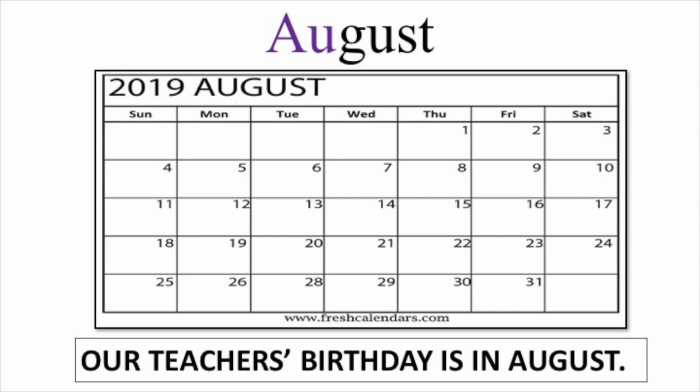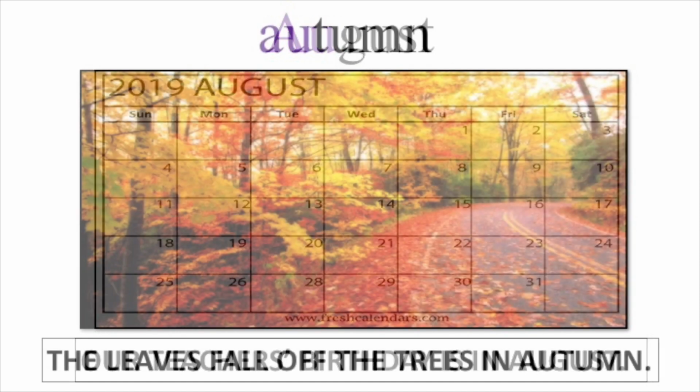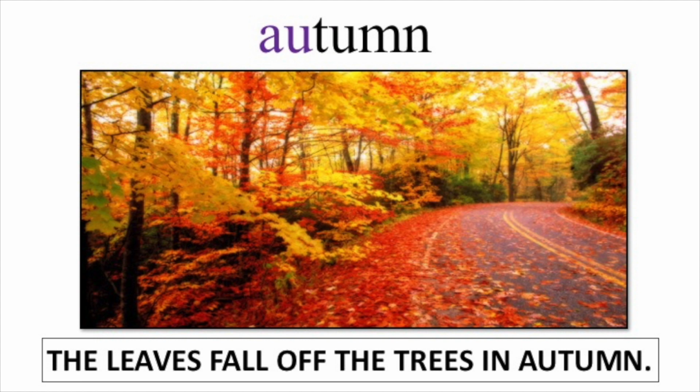Yes. And then a similar word for when the leaves fall off the trees, autumn. Autumn. Yes. The same two letters, AU, at the start of the word, autumn. The leaves fall off the trees in autumn.